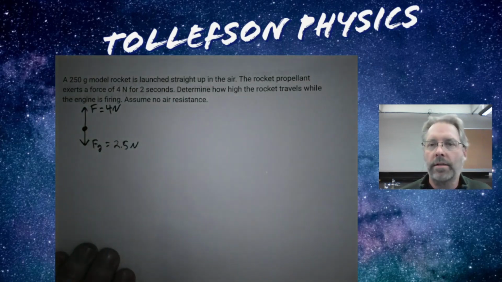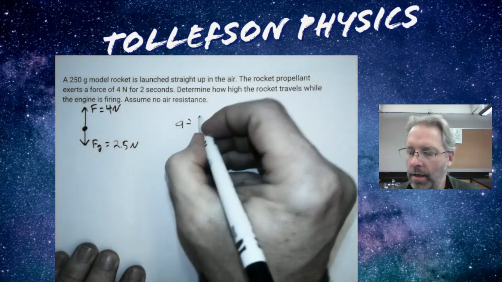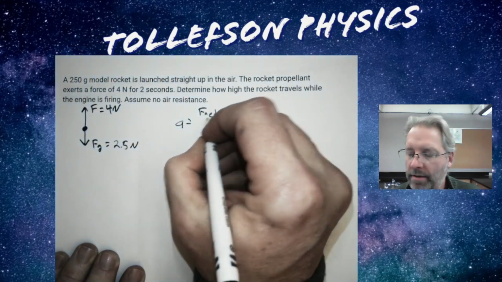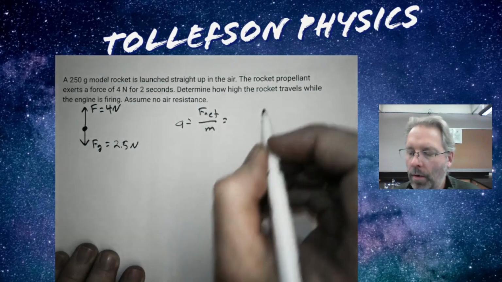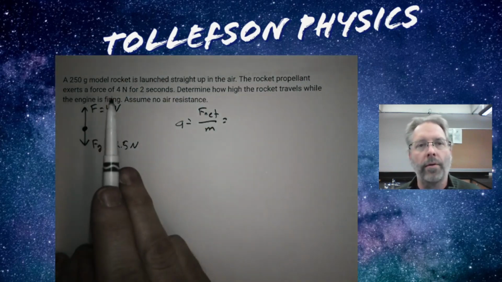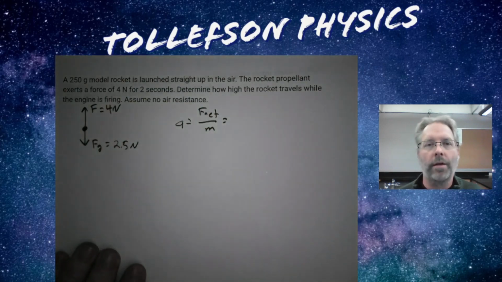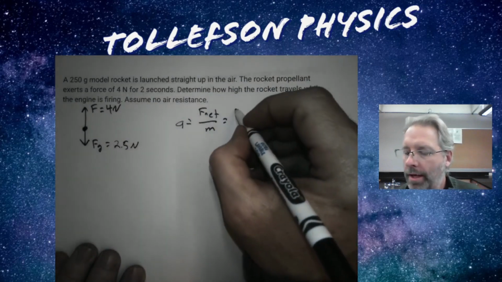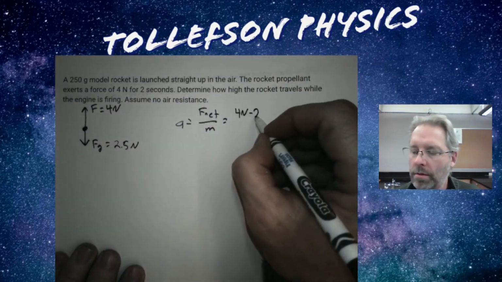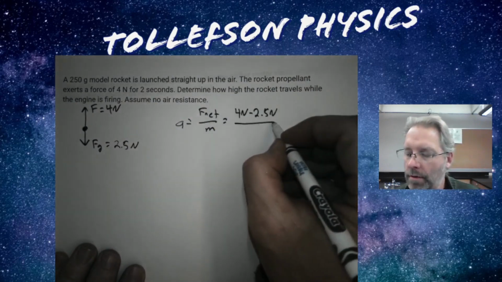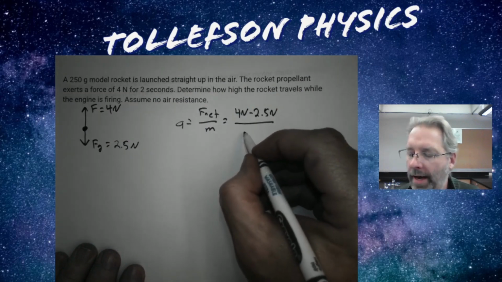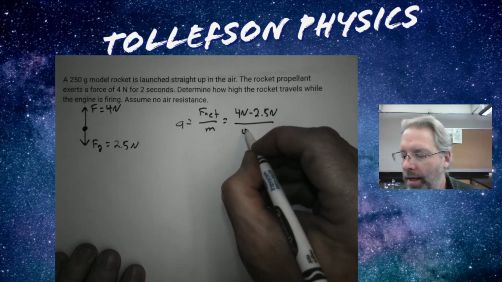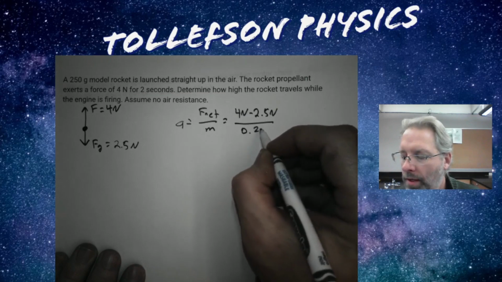So how do I figure out the acceleration on this? Well, I use Newton's second law once again, right? F net divided by the mass. So in this case, it's accelerating upward. It's starting at rest on the ground, and then it's going to fly upward. And so the up force is 4 newtons, the down force is 2.5 newtons, and we're going to divide that by the mass in kilograms, which is 0.25.